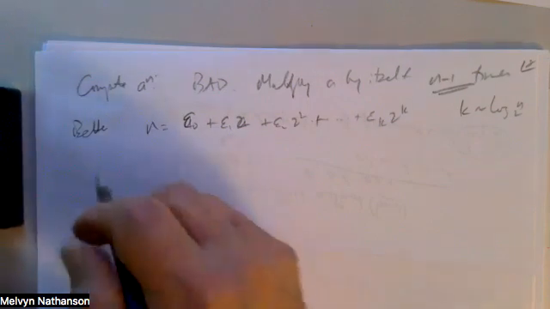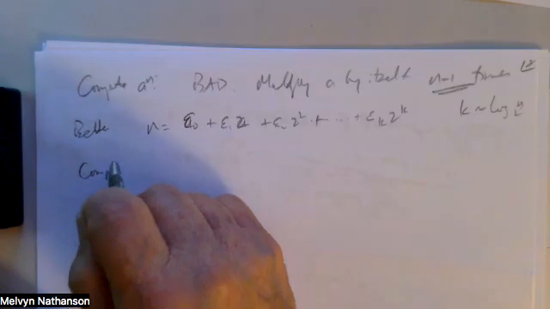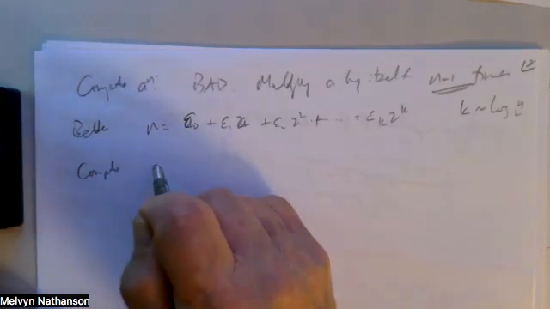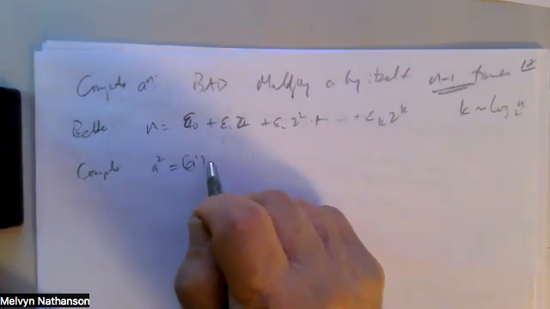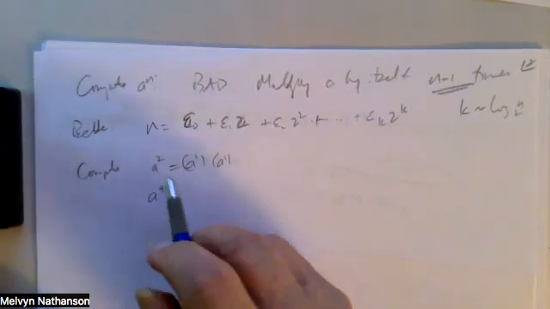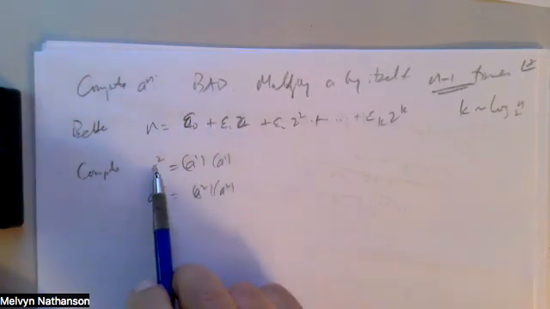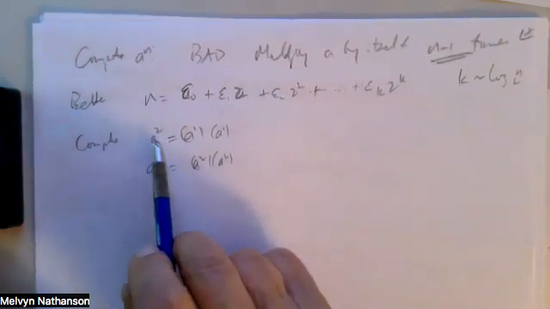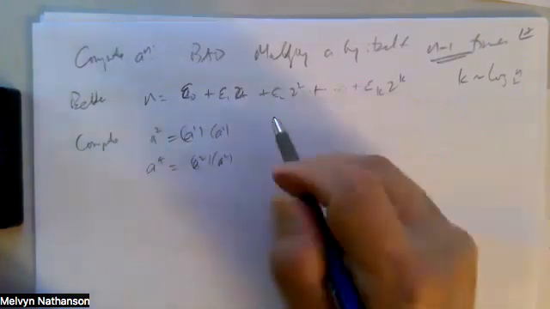Compute multiplications. Compute a squared. How do you compute a squared? That's a to the first power times a to the first power. Compute a to the fourth. That's a squared times a squared. It took one multiplication to get a squared. It takes one additional multiplication to get a to the fourth.